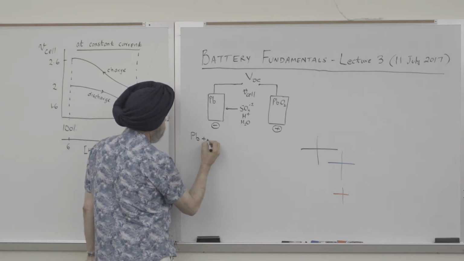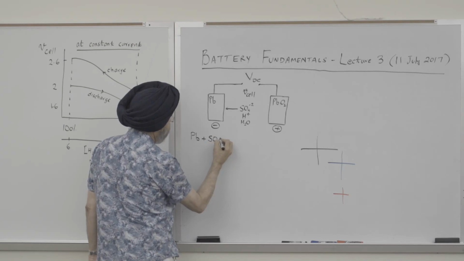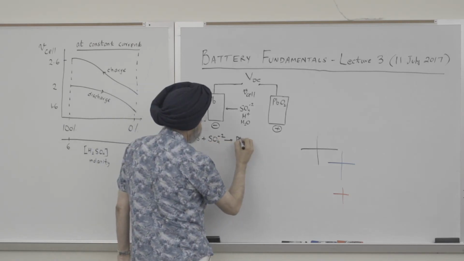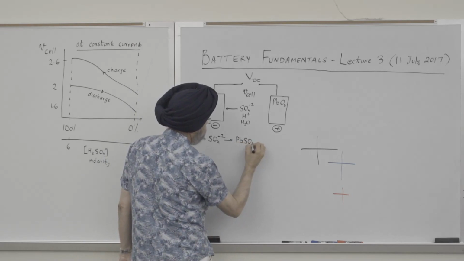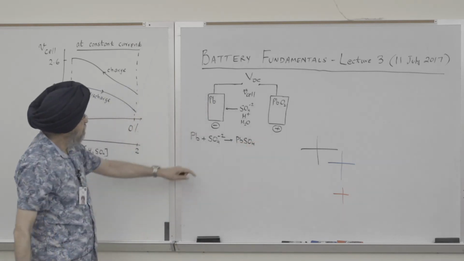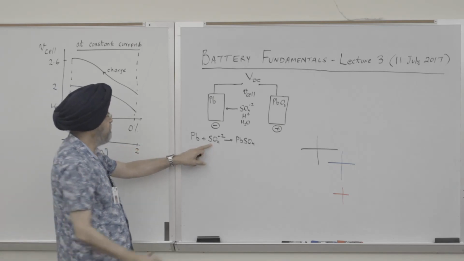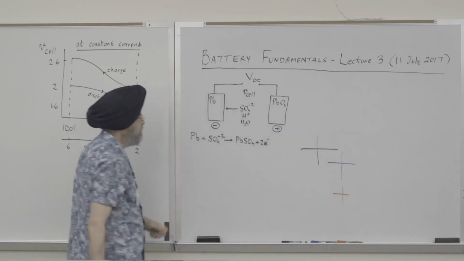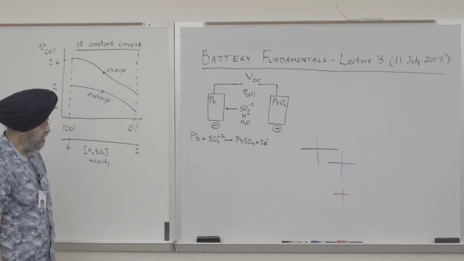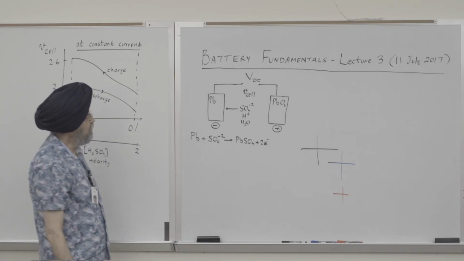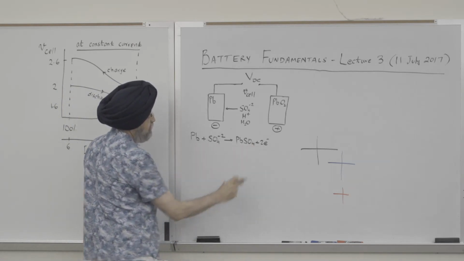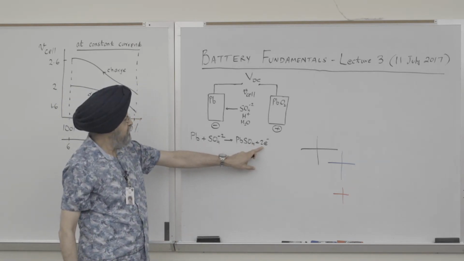So lead atom plus SO4 minus 2 will give you the lead sulfate. But this side has two negatives, so I need to put 2 electrons on that side.